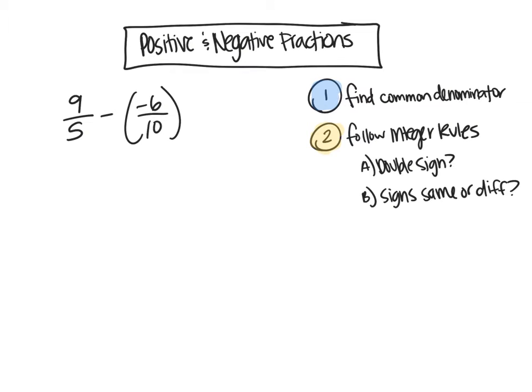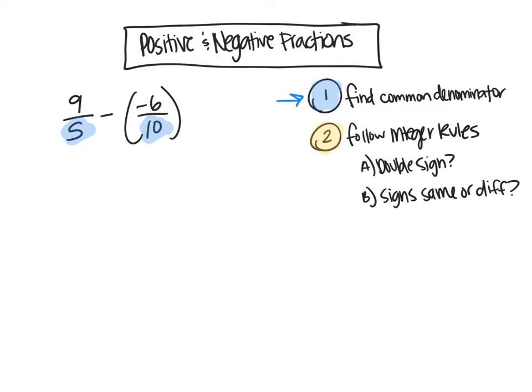All right, when we're working with positive and negative fractions, we just have a new step right at the top. So if we're going to find a common denominator, I need a number that 5 and 10 can both go into. And both of them can go into 10.